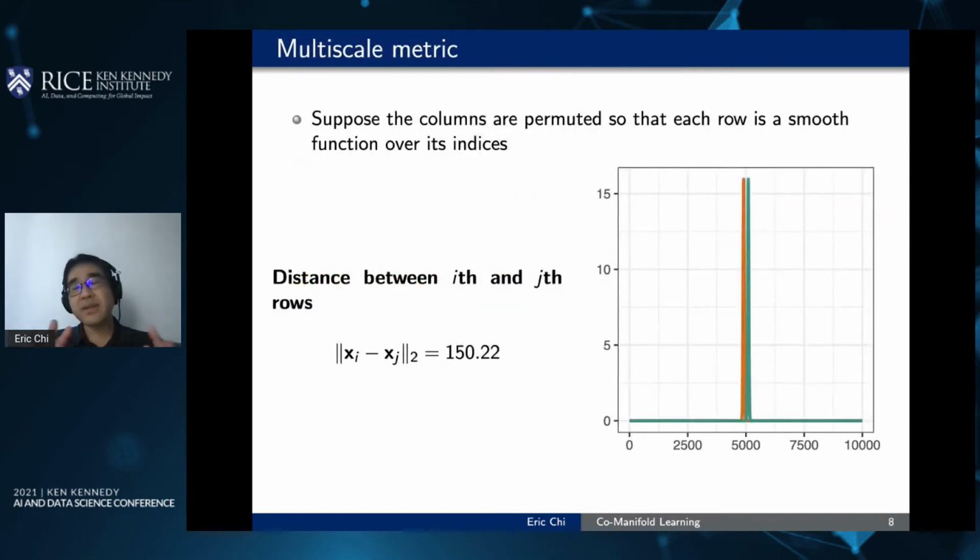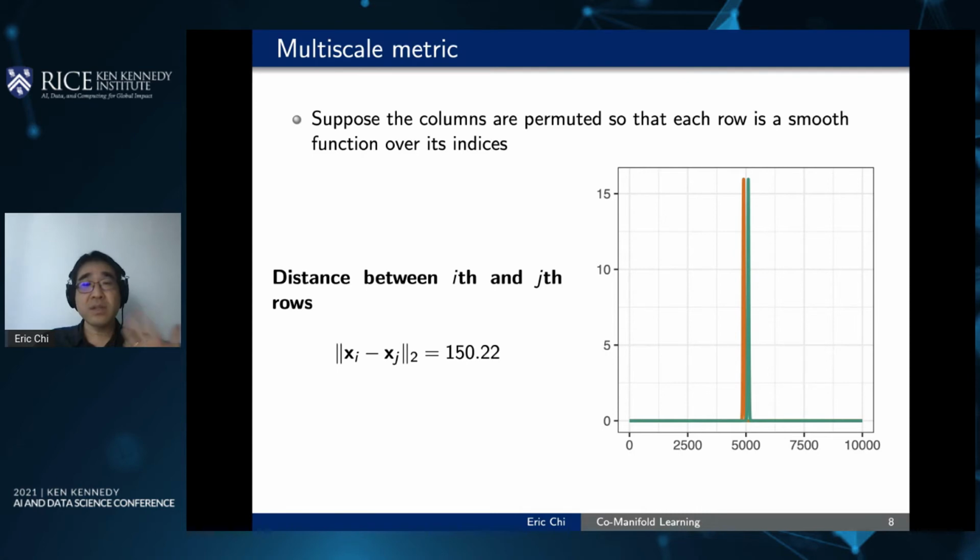Okay, so I'll tell things a little bit out of order, just to give you some intuition behind steps 1 and 2. This is going to be how we construct these multiscale metrics, and we'll focus first on how we compute pairwise distances between rows. Again, the key assumption here is that there's structure along the columns and there's structure along the rows.